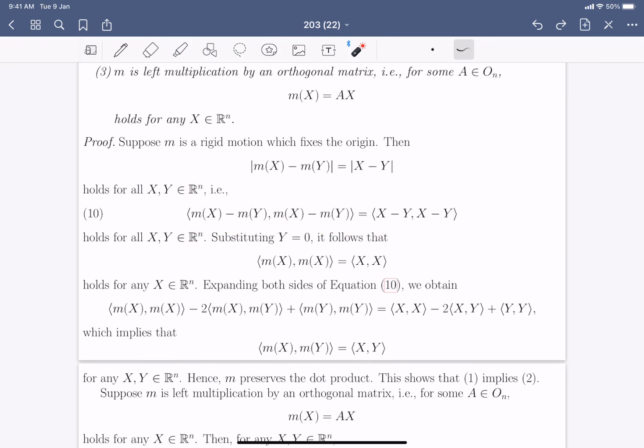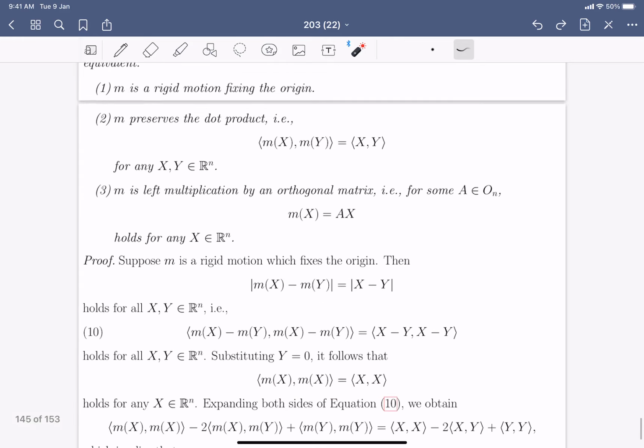Here we can substitute y equal to 0, and then we know that my is equal to 0, because you started with a distance preserving map that fixes the origin. So all these quantities involving y disappear, because we are subtracting 0. So you have mx and mx here, and the dot product between mx and mx coincides with the dot product between x and x.